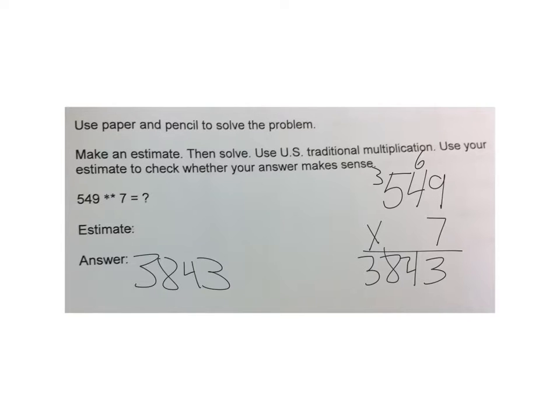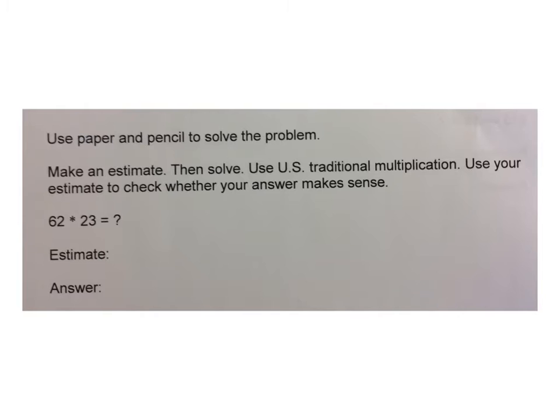My mental estimate, I'm just going to do 500 times 7, which equals 3,500. I rounded down from 549 to 500, so my answer should be below, which it is, so it does make sense.